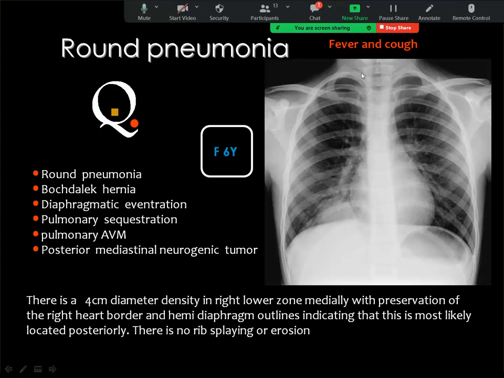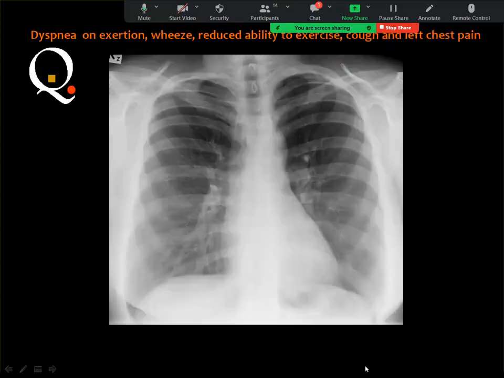If you know that the patient is complaining of fever, cough, and sputum, and has a rounded lesion inside the chest, especially if he is a pediatric patient, then you know that you are dealing with round pneumonia, which is more common in the pediatric population compared to adults.